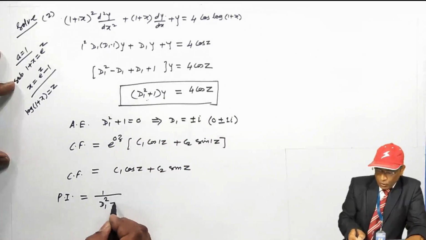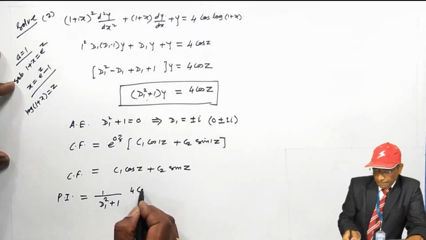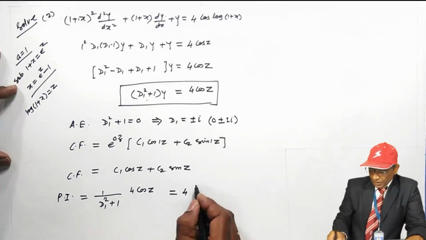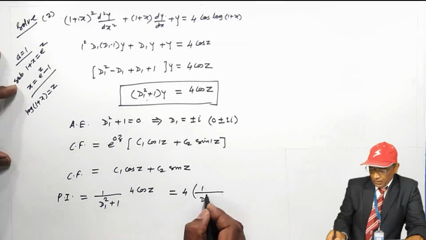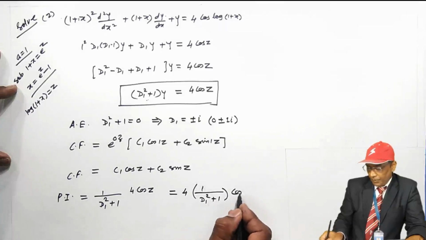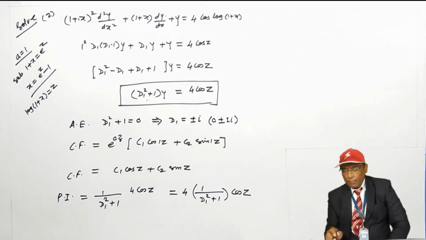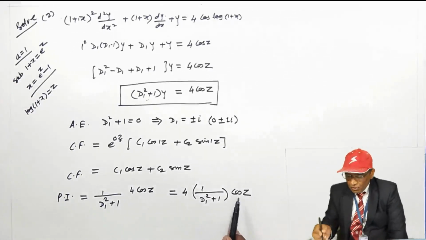Now particular integral is equal to, operate this operator on 4 cos z: D1 square plus 1, I am operating on 4 cos z, then 4 is outside, D1 square plus 1 on cos z. Now in the short method, how to operate the operator on cos z or cos 1z?